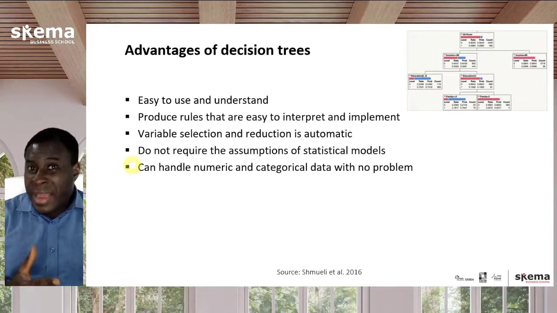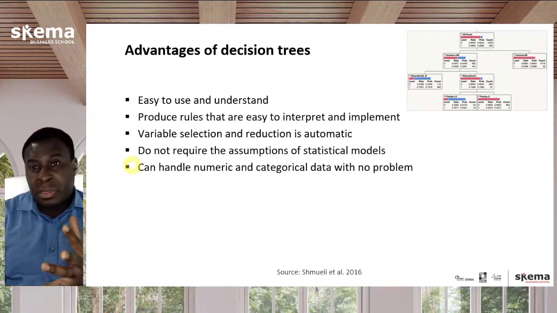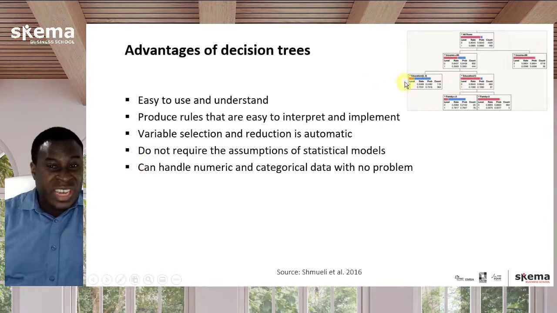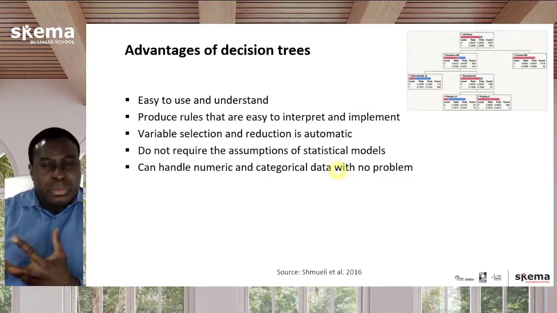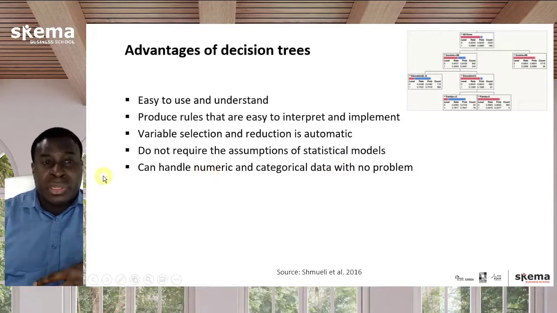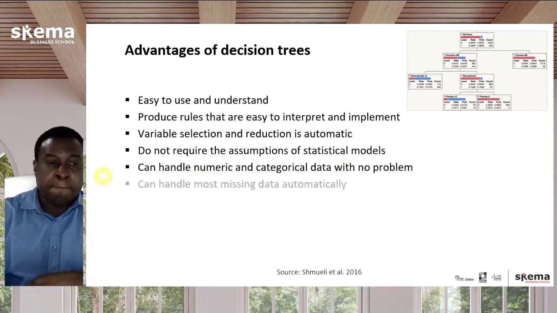And if you have categories such as in this example here, you have categories such as education level, which is not just a strict count, then you have to convert them to numbers in order for them to work. But decision trees, you can give them categories such as north, east, south, west. They figure them out automatically.